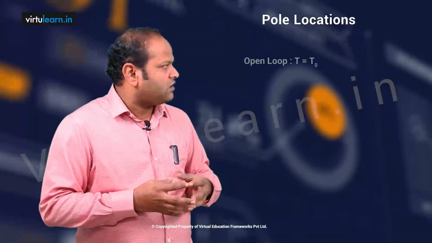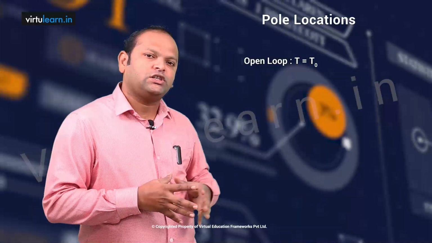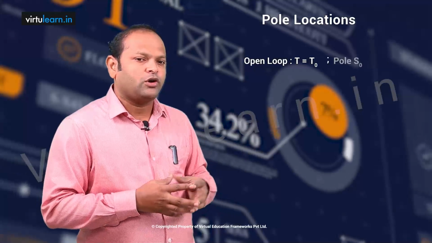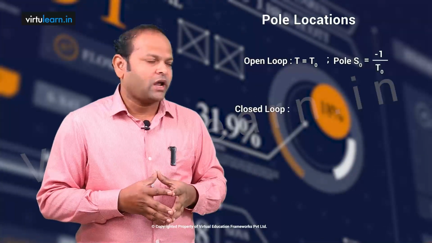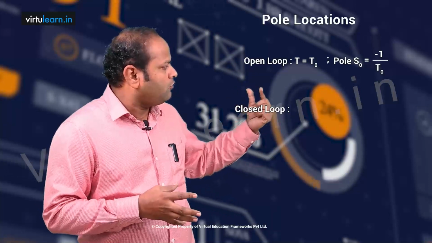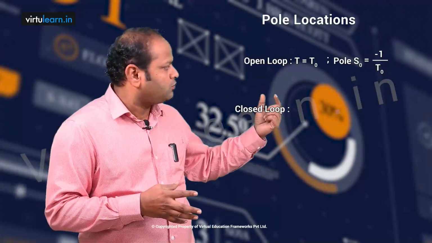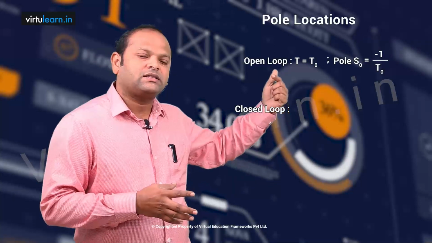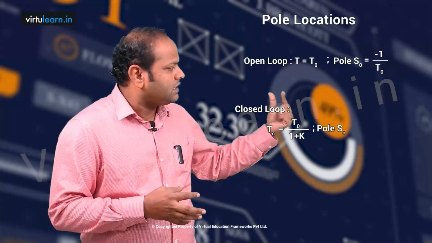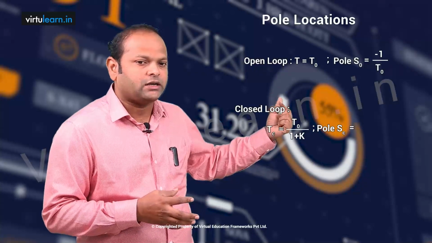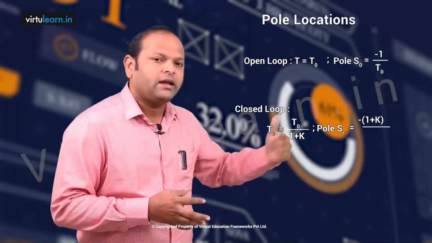The open loop pole is very clear: T naught is my time constant, so my open loop pole is minus 1 by T naught. Then for the closed loop pole, from the time constant of the closed loop system, S is located at minus 1 plus K by T naught.